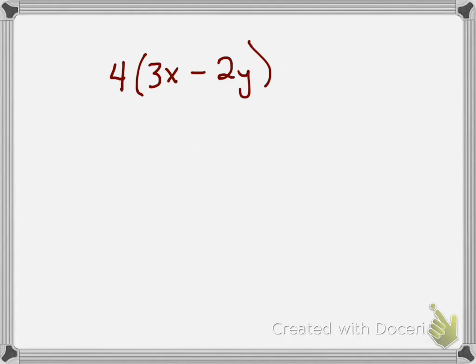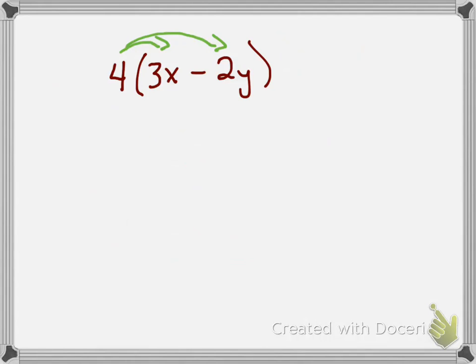Let's look at another problem. 4 times the parentheses of 3x minus 2y. Again, I want to get rid of the parentheses, so that means I need to distribute the 4 into everything. So 4 times the 3x, 4 times 2y.